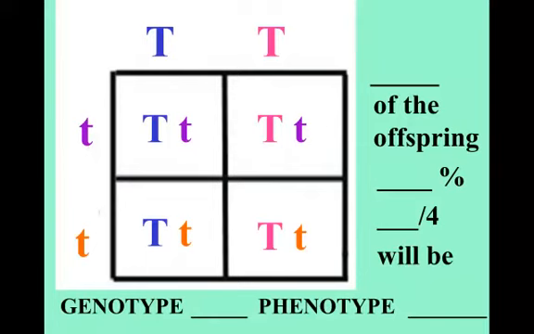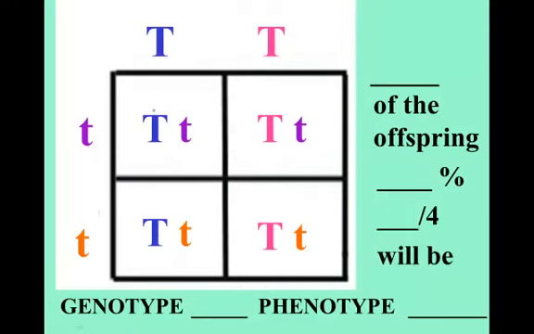What genotypes, what type of genes do the kids get? Each kid is going to get a dominant allele choice, big T from dad, and a recessive allele choice, little t from mom. Big T, little t, big T, little t, big T, little t, big T, little t.